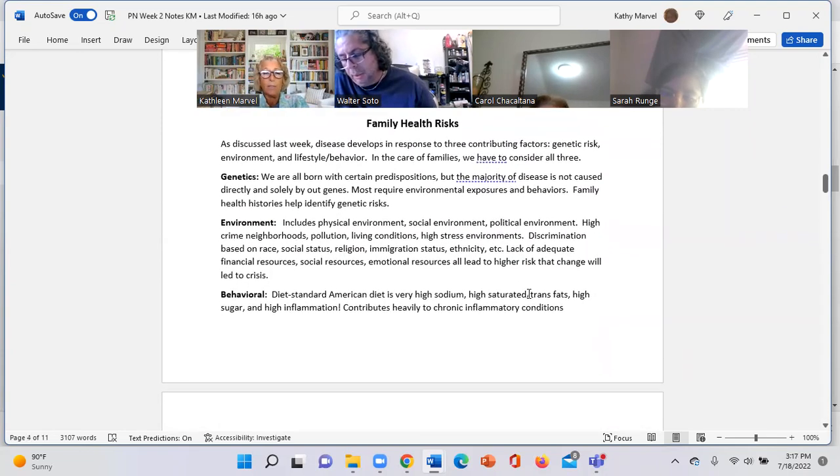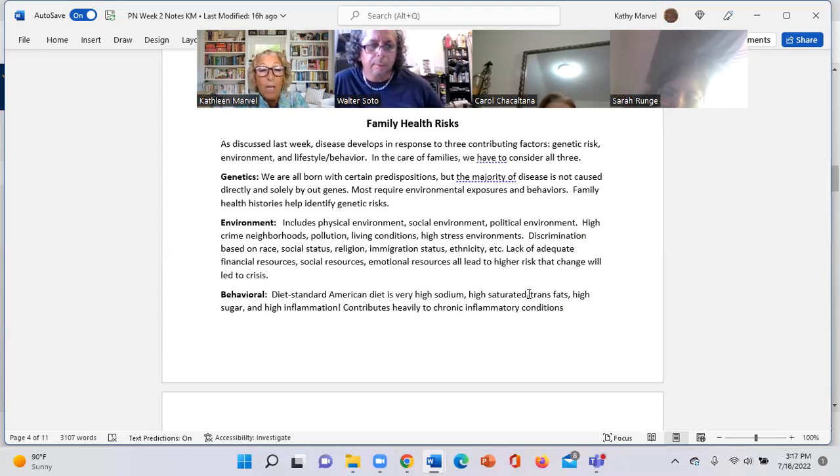Family health risks. Disease develops in response to 3 contributing factors: genetic, environment, or lifestyle behavior. And when we're caring for families in the community, we have to consider all 3.